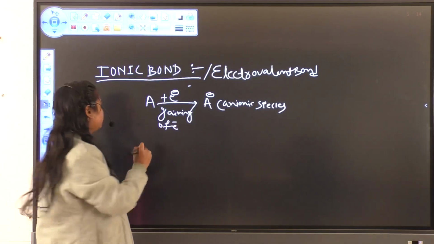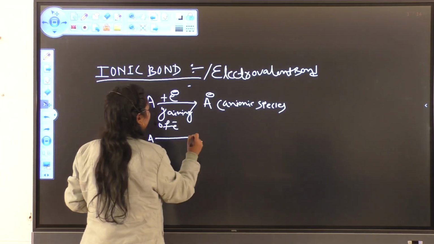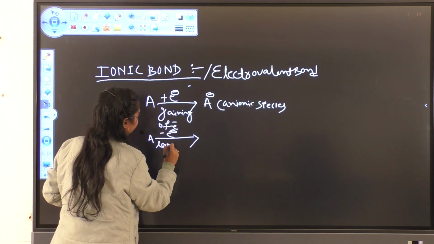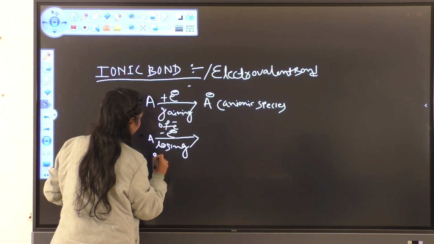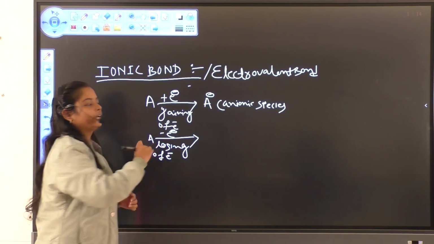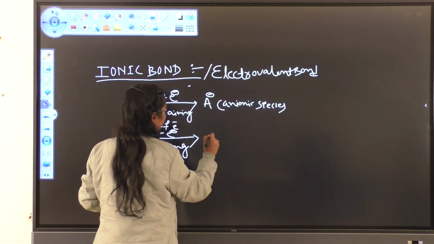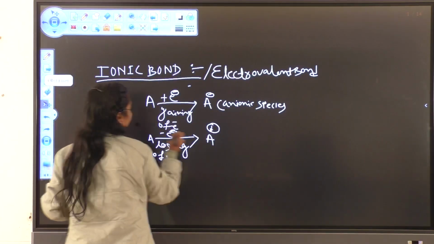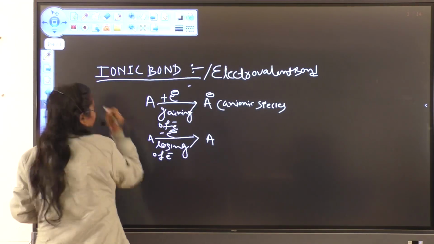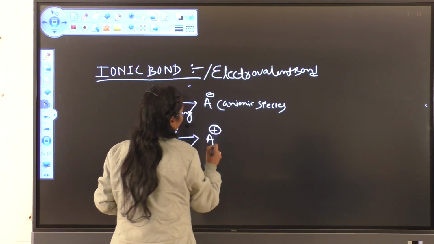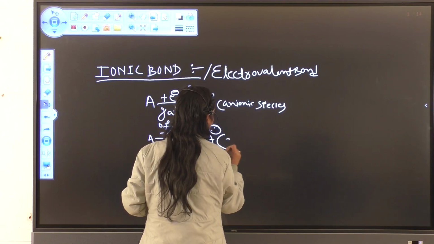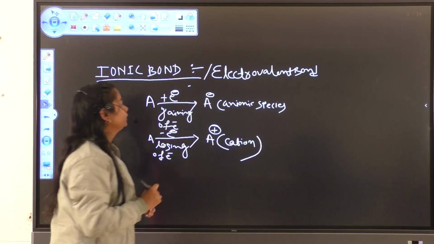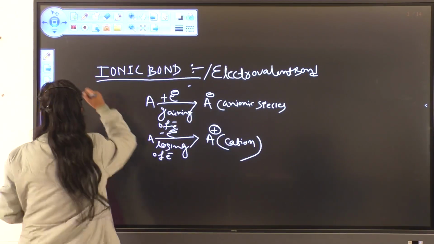And suppose the A atom loses an electron, then it will convert into A positive, which is called a cation, or simply an electron-poor element. This is the anion and this is the cation.